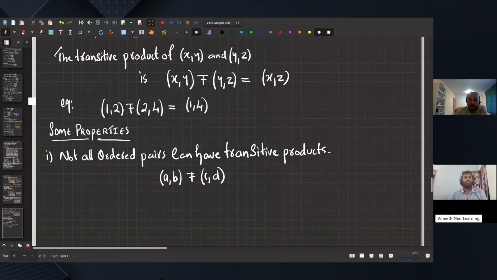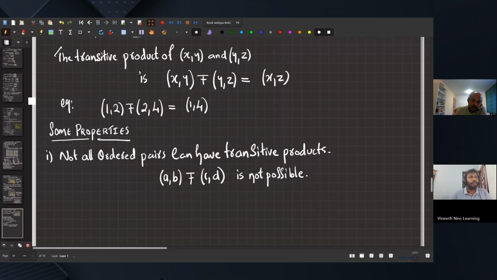This product is not possible. Why? Because the y's here are different, they are not in common. This product is not possible.